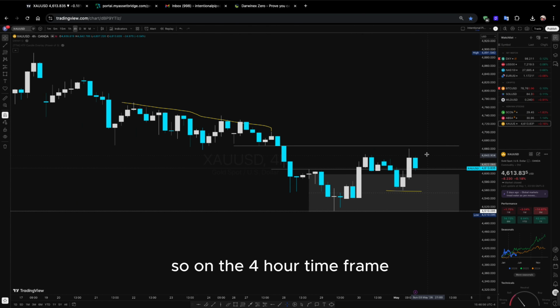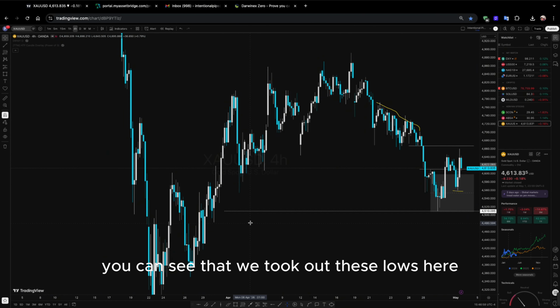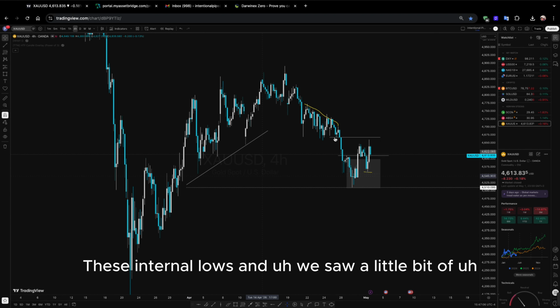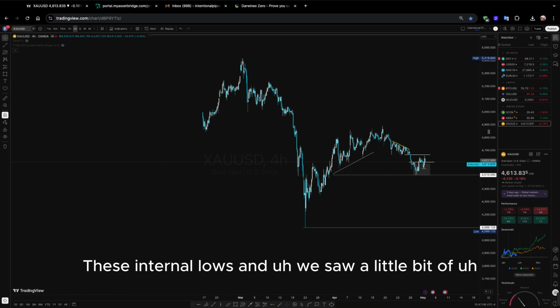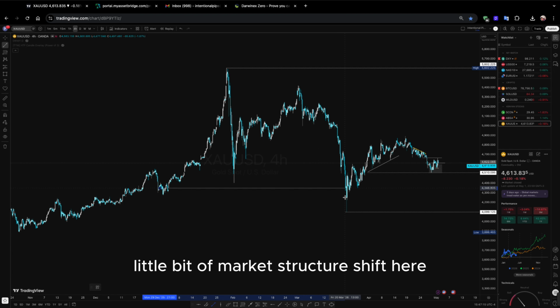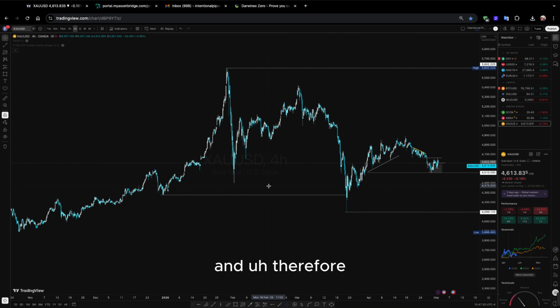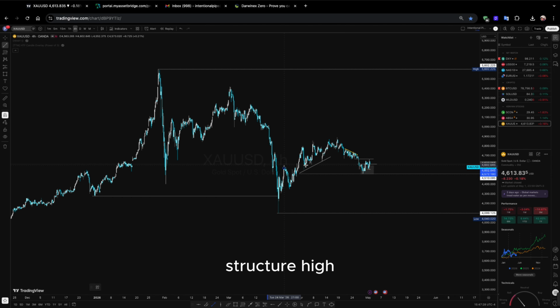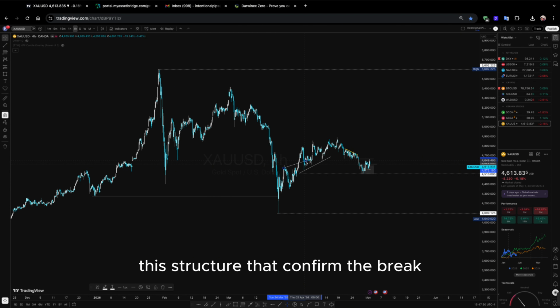So on the 4-hour time frame, you can see that we took out these lows here, all these internal lows, and we saw a little bit of market structure shift here, and therefore it is an indication that price is likely to hold above this structure high, this structure that confirmed the break.